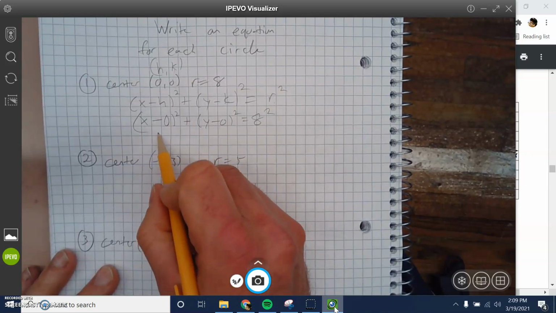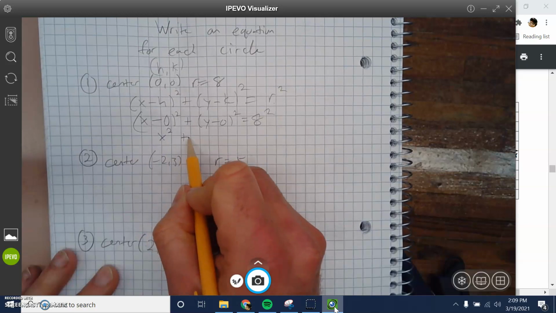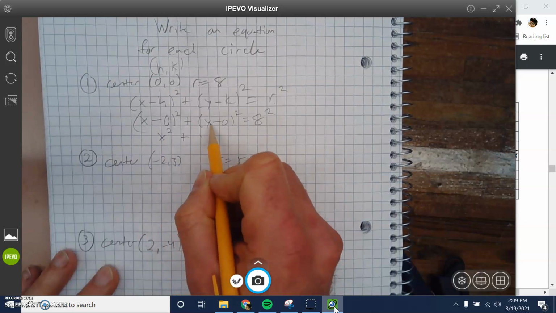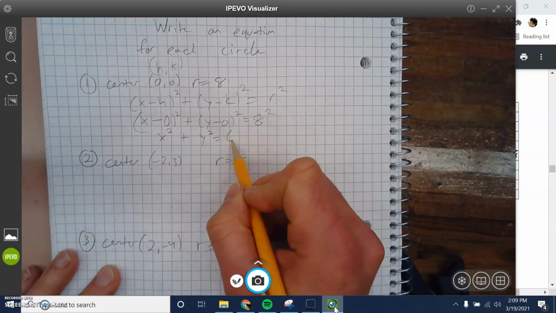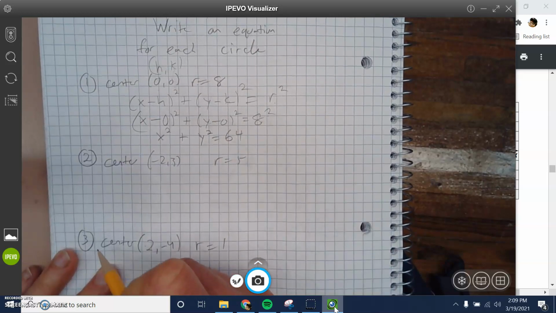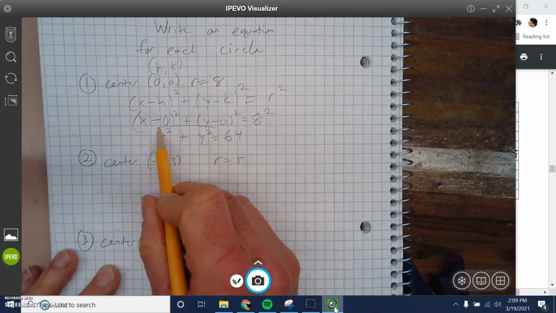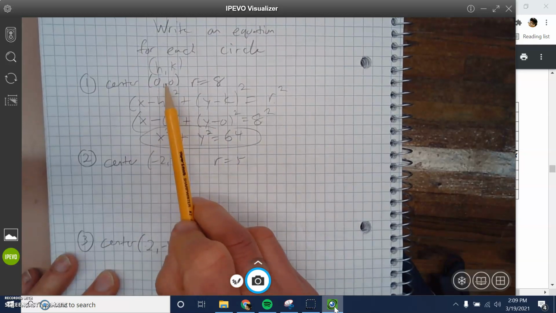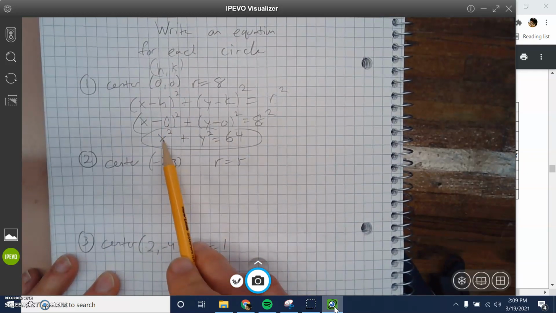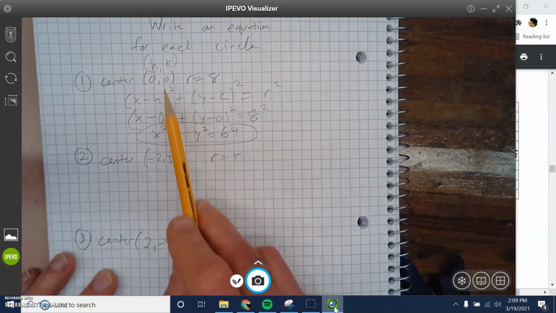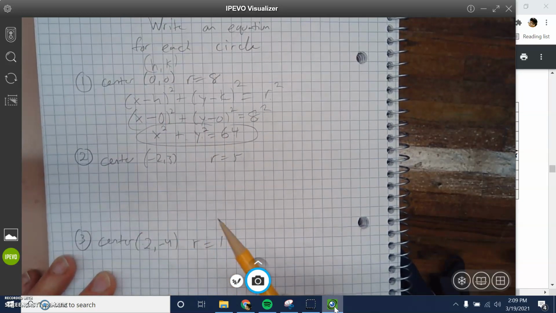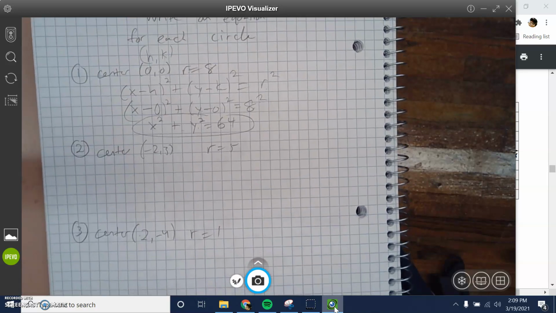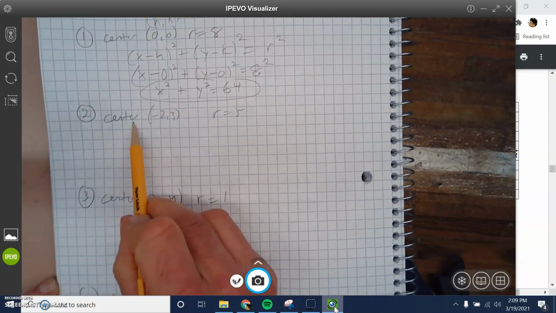So x minus 0 is x squared plus y minus 0 is just y squared. 8 times 8 is 64. There we go. Cool. So when something's at the center, it's not x plus or y, it's just x squared plus y squared. When something's at the origin, that may help us out in the future. Okay, I noticed that.